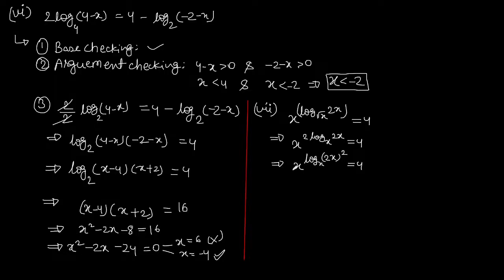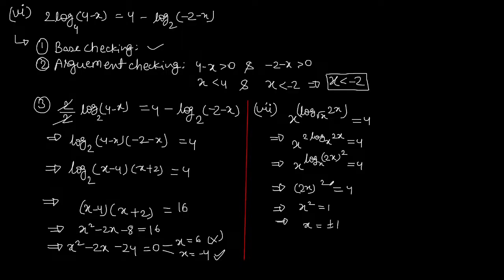Now both the bases are same, so we'll simply get 2x whole square equal to 4. And now this is nothing but 4x square, so it will become x square equal to 1. We can simply say x is equal to plus minus 1. Now if you see here, x cannot be minus.